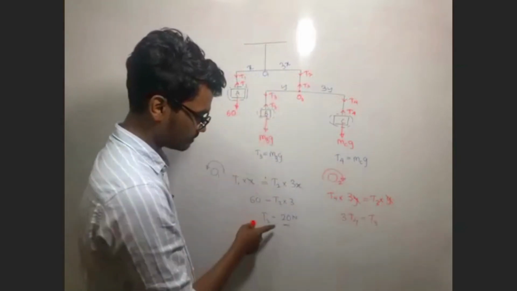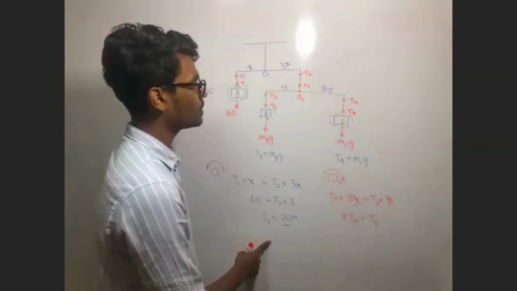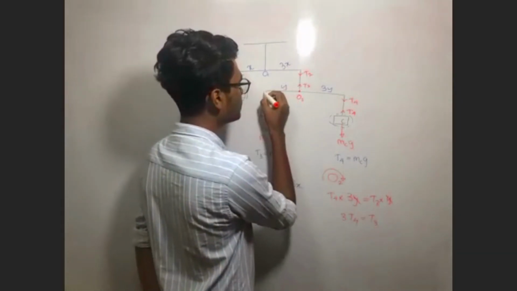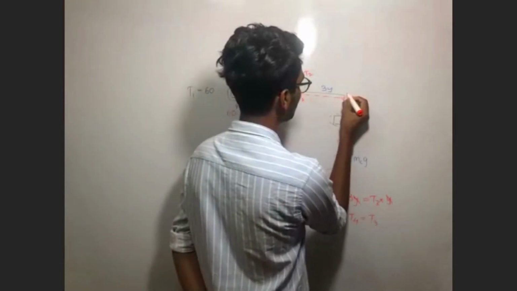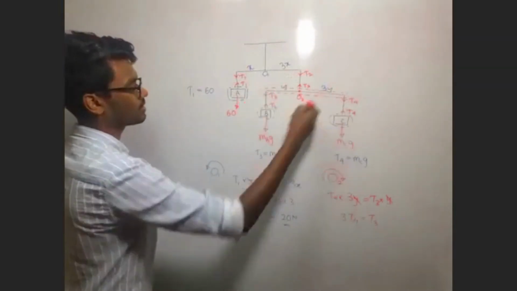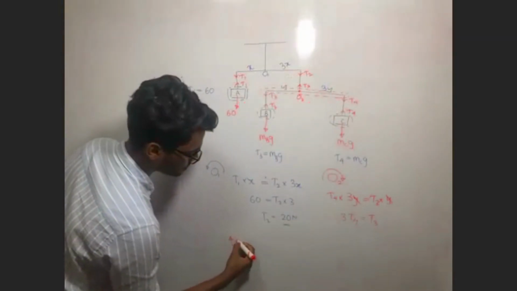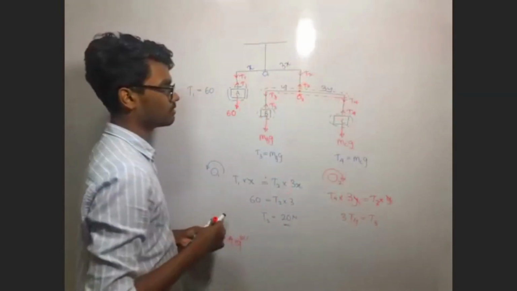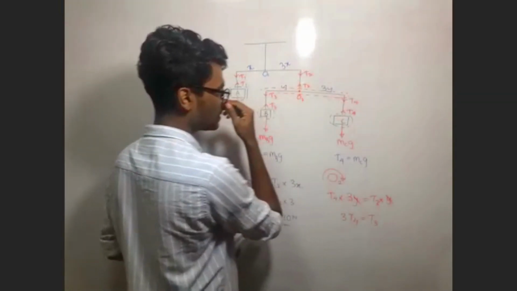But how can we relate this and this? What I'm going to use is, I'm going to apply a vertical equilibrium for the rod. So what is the upward force acting on the rod?